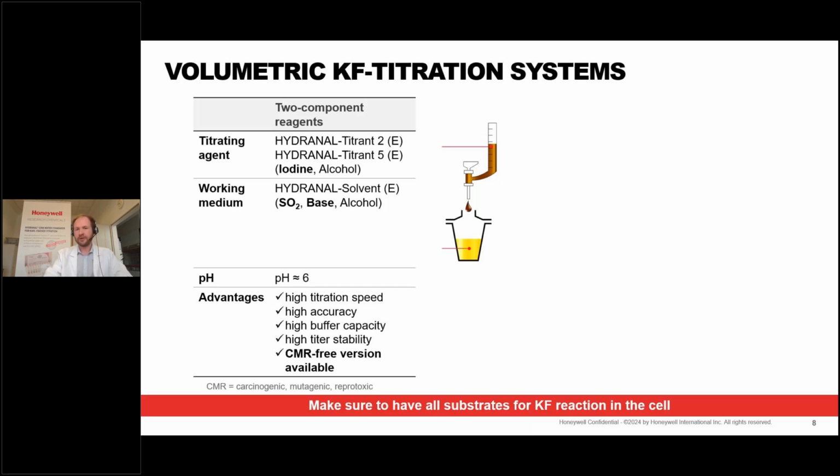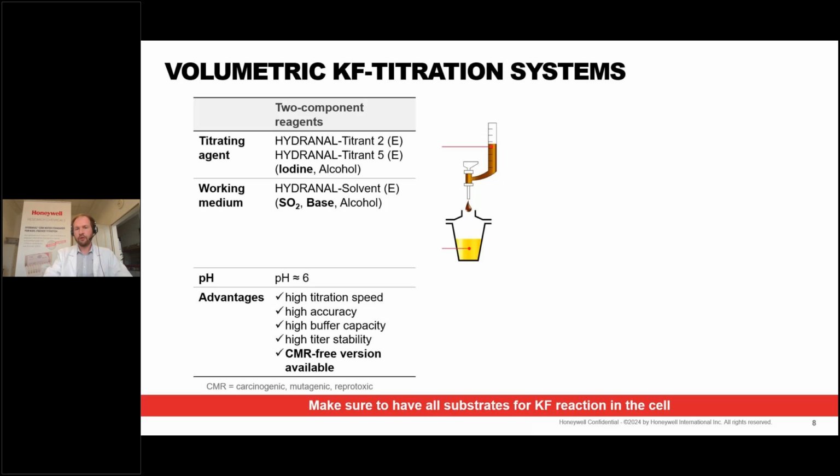The first bottle, the titrating agent, contains only the iodine in alcoholic solution, and the working medium, the so-called solvent, offers the SO2 and the base. The Karl Fischer reaction can only take place if both solutions are combined in the titration cell.